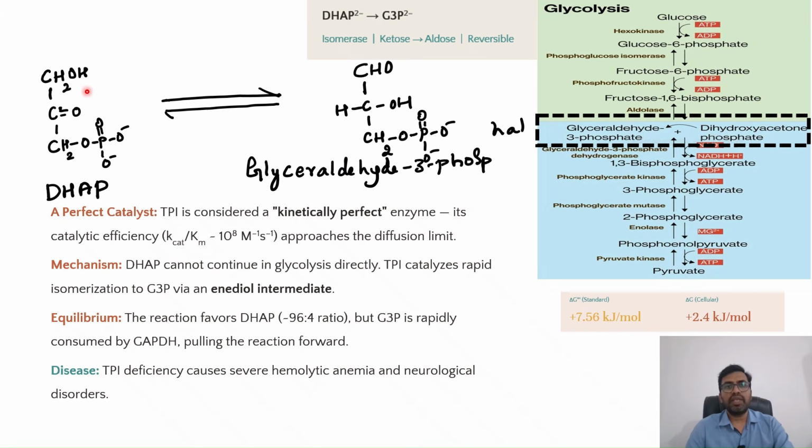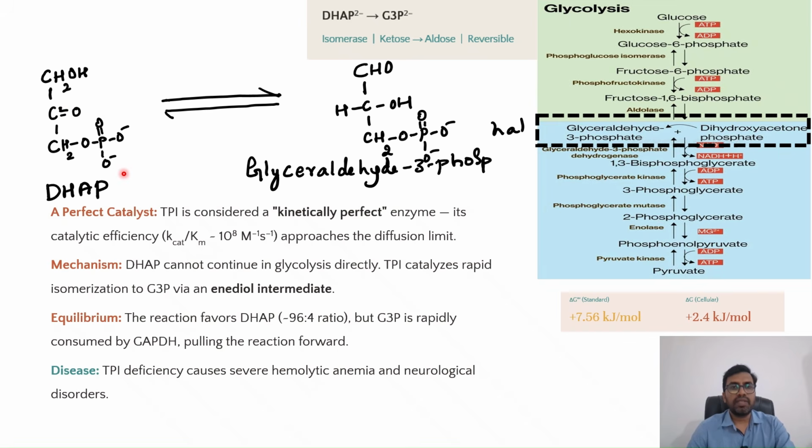These two components have the same molecular weight and similar molecular structure. Dihydroxyacetone phosphate is a ketose, whereas glyceraldehyde 3-phosphate is an aldose. If you see here, this carries CH2OH and then a CO group, whereas here we have the CHO aldehyde group, and this is a ketose group.